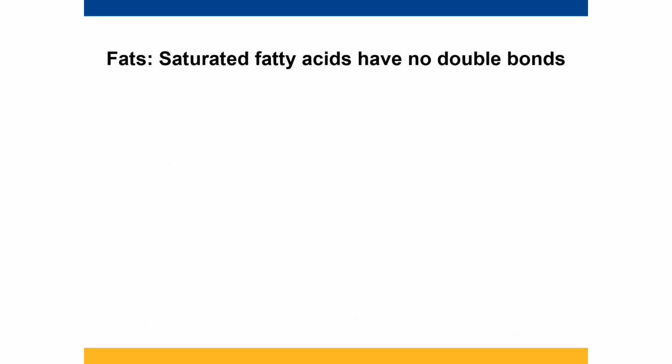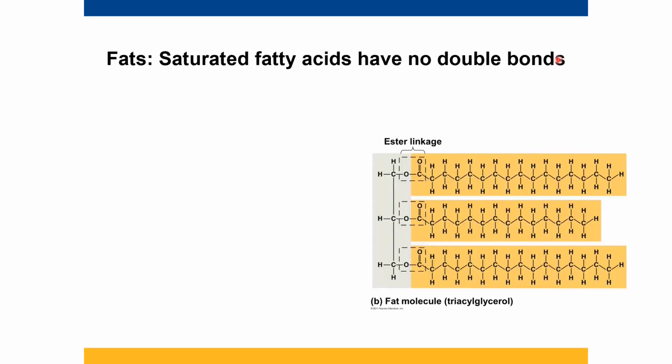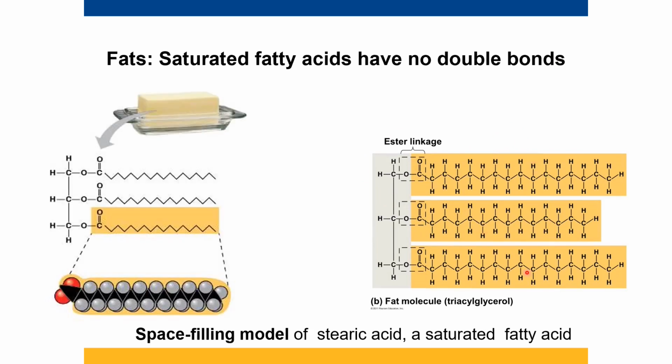Now we're going to talk about fats that are saturated. And remember, when they are saturated, they have no double bonds. Here we have again our example of the ester links, the glycerol and the fatty acid, and here you don't see any double bonds.